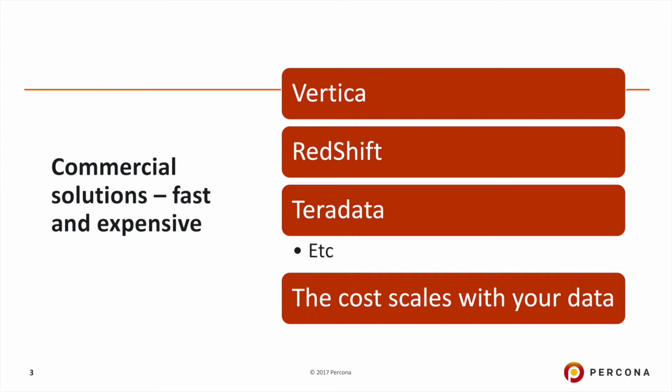The problem with those solutions is that the cost scales along with your data. The more data you have, the more demand you have on these systems, and they become very expensive very fast.